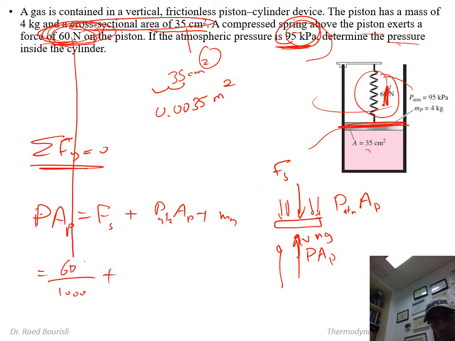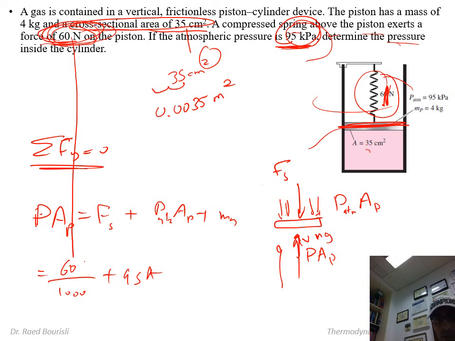And the atmospheric pressure is 95, so this is 95 times the area, which is given.